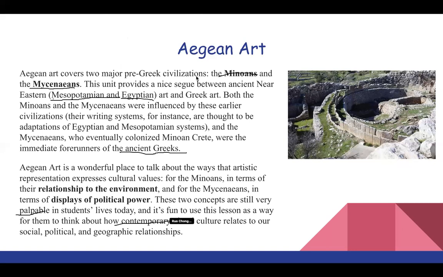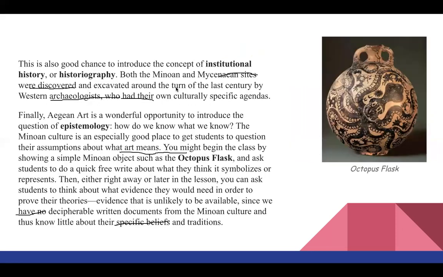Contemporary means like the history from World War II to sort of Renaissance, like a Renaissance. It's kind of understood as contemporary. So now we're going to continue to the next slide.